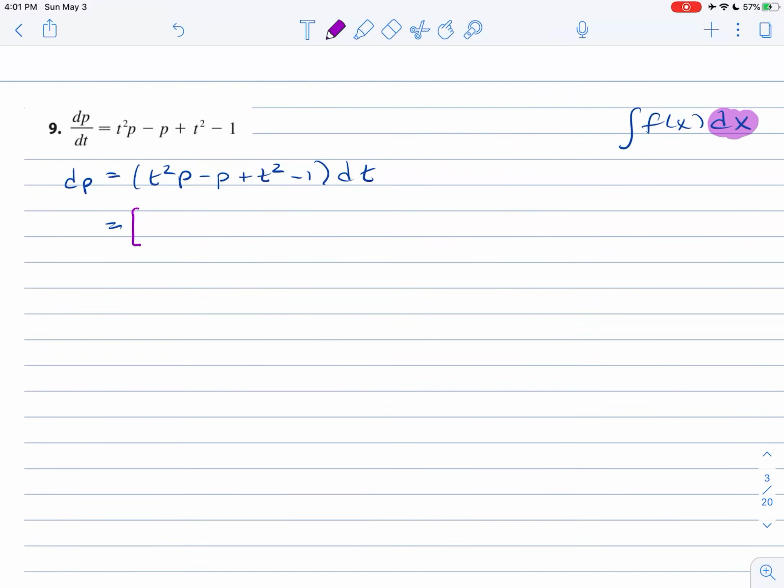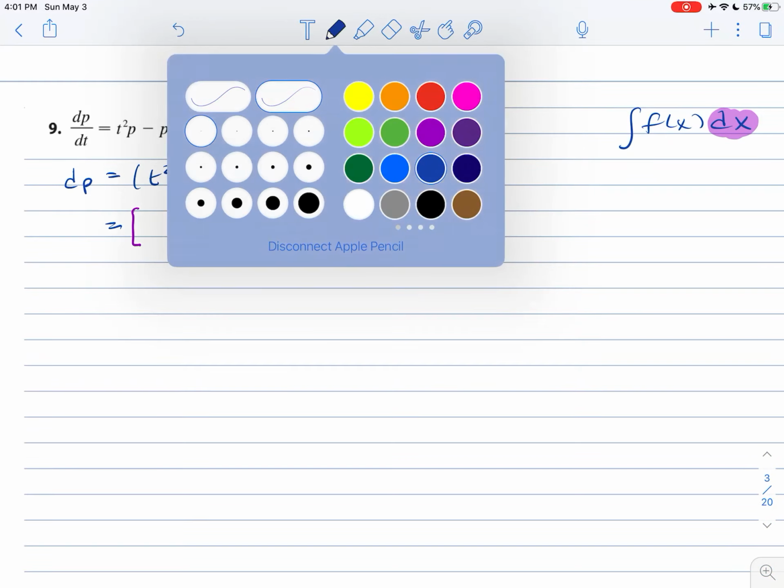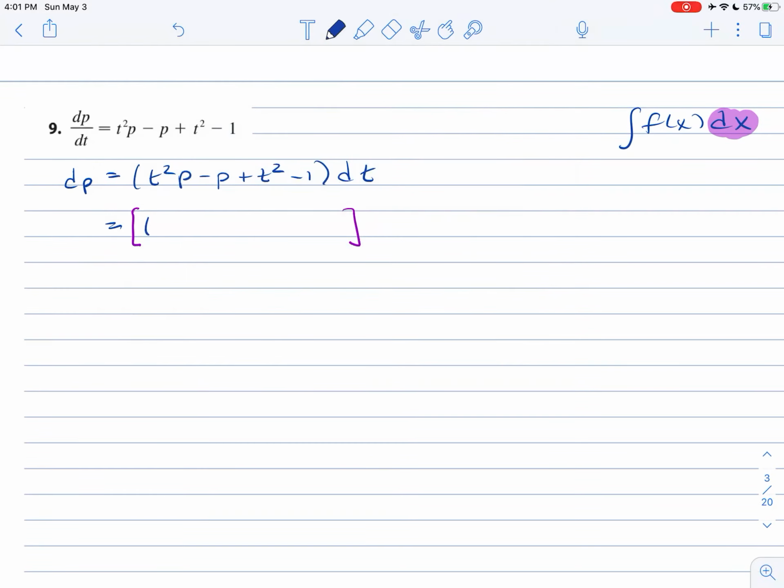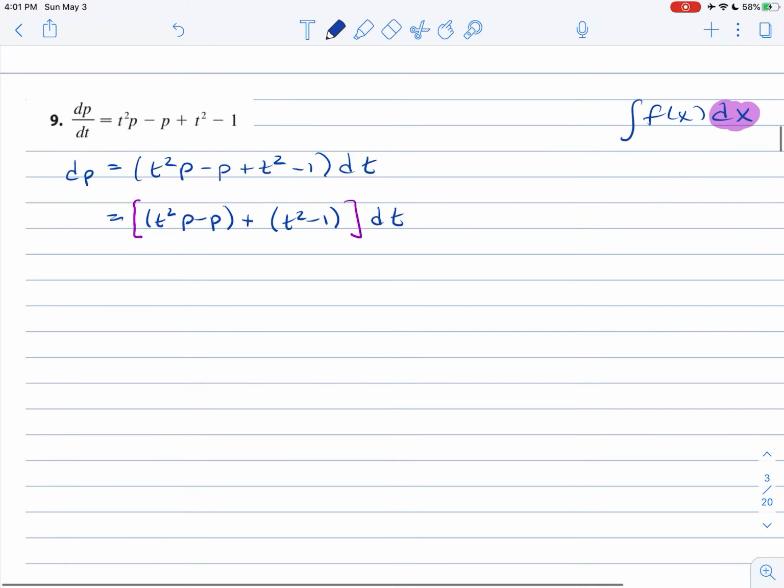So if I begin just grouping the terms, I'll group the first two terms together, and I will group the last two terms together. And now I'm going to factor out what I can using the distributive property. In that first one, I can factor out a p, and I'm left with t squared minus 1.